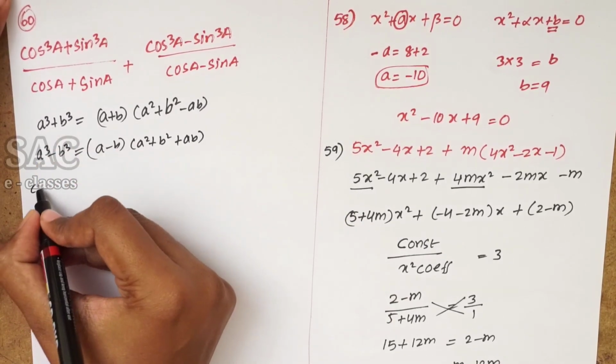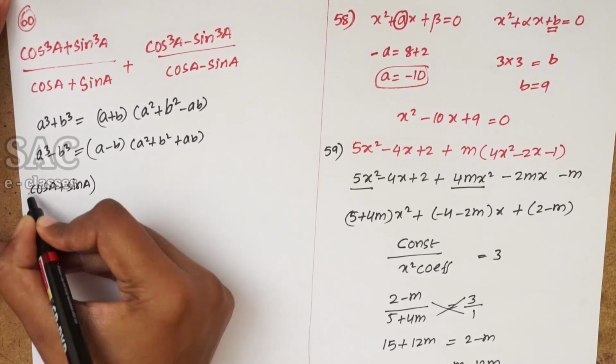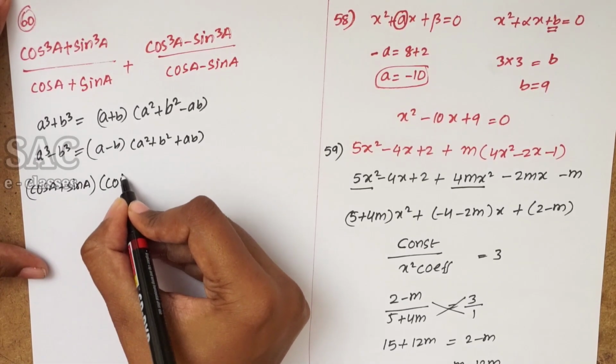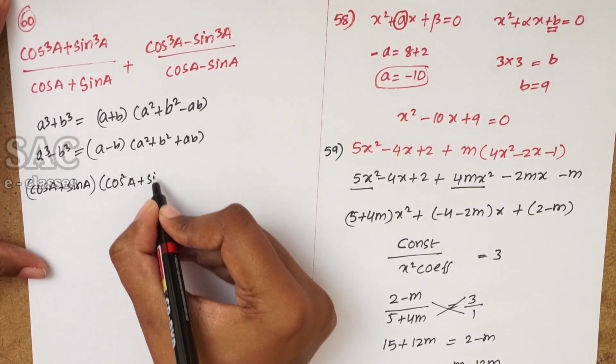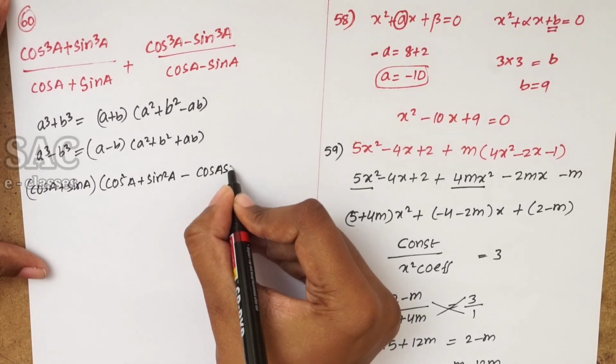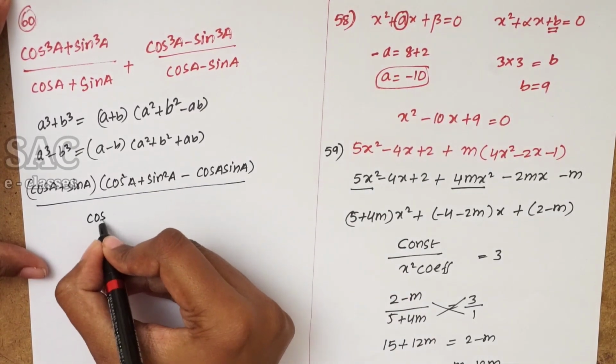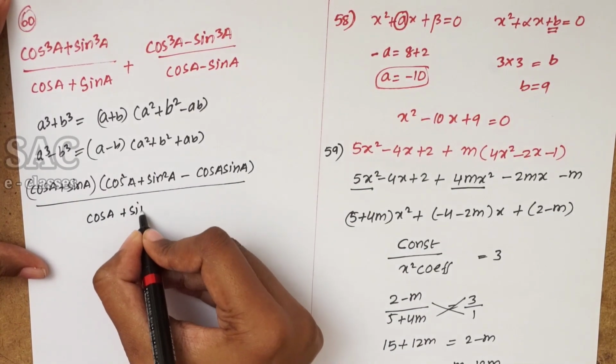Now expand it: cos a plus sin a into cos square a plus sin square a minus cos a sin a, whole by cos a plus sin a.